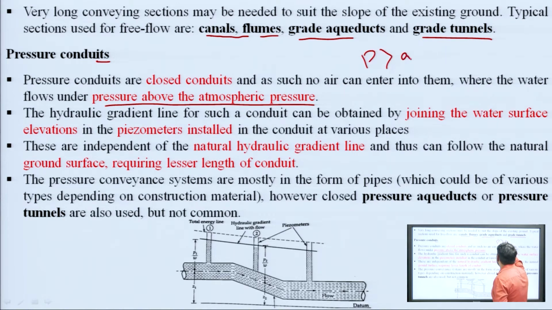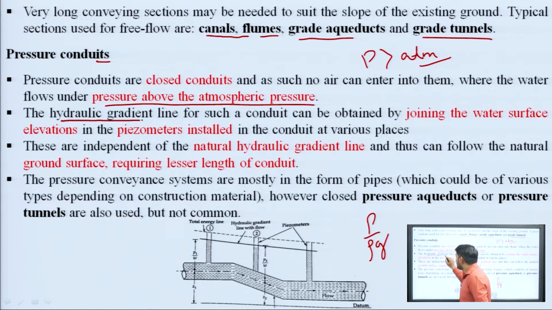It means we can also see pressure head there. In the previous case, pressure head was not present because the value of pressure is 0, as the water is flowing under the action of gravity. So, how can we get the hydraulic gradient line?